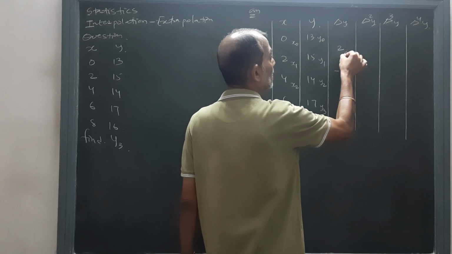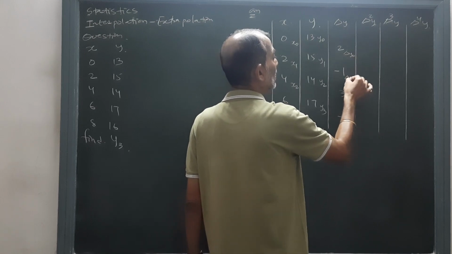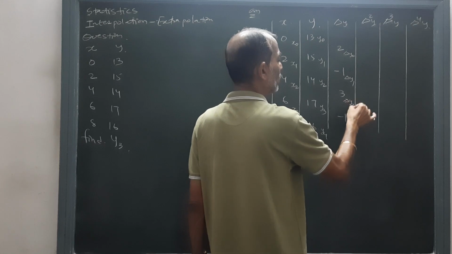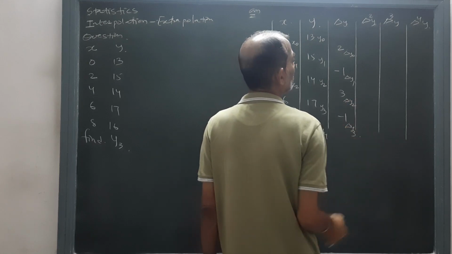This is delta y0, delta y1, delta y2, delta y3.